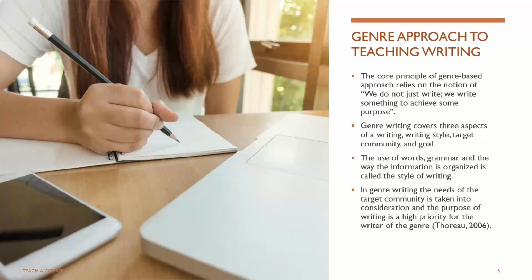He is writing based on the level and knowledge of his audience, because one of the main aspects in this approach is that he should know his target community or target audience. Another is the goal. When the student is learning writing through this approach, he knows his goal, what he is trying to achieve by writing a piece of text, what objectives he is delivering to the people.